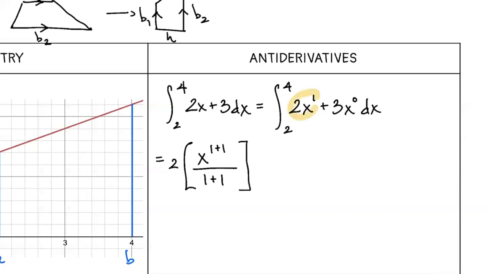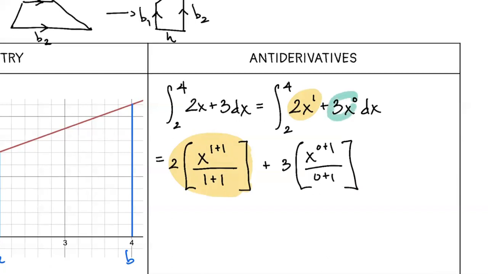So when I take the integral, this becomes this. Plus 3 times, we use the same rule again, x to the 0 plus 1 over 0 plus 1. And this 3x to the 0 became this after we took an antiderivative.